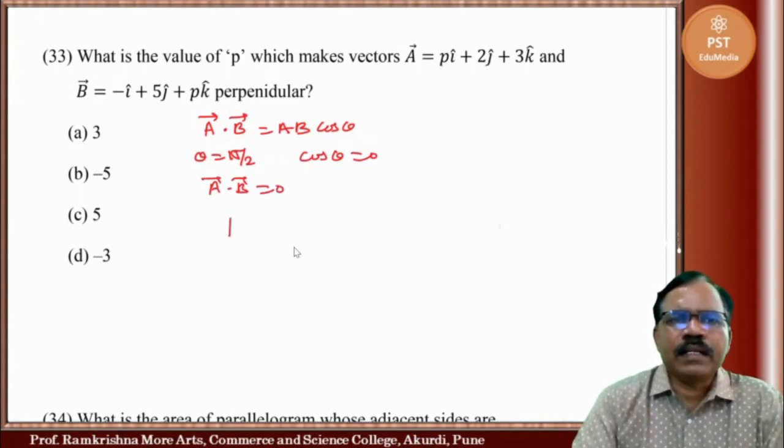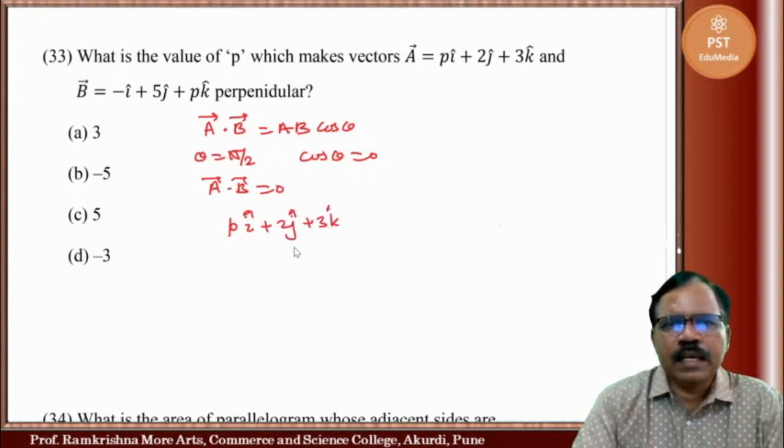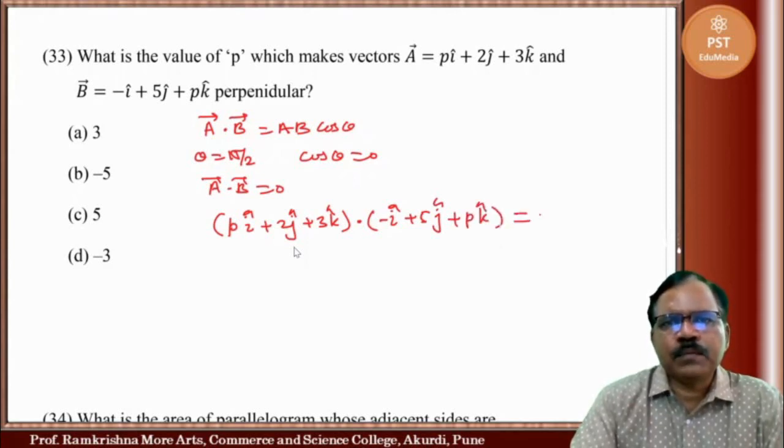So we can write here (pi plus 2j plus 3k) dot (minus i plus 5j plus pk), and this will be equal to 0.